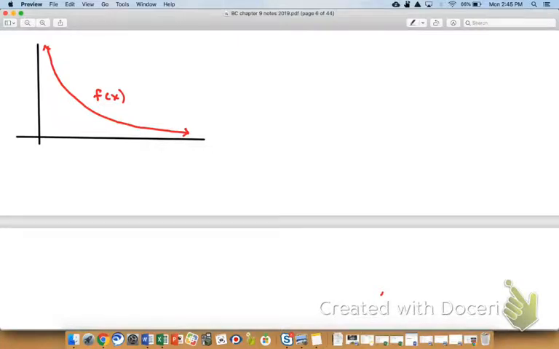And if I did the integral, and I'll put a 1 right here, I did the integral from 1 to infinity of f of x dx.